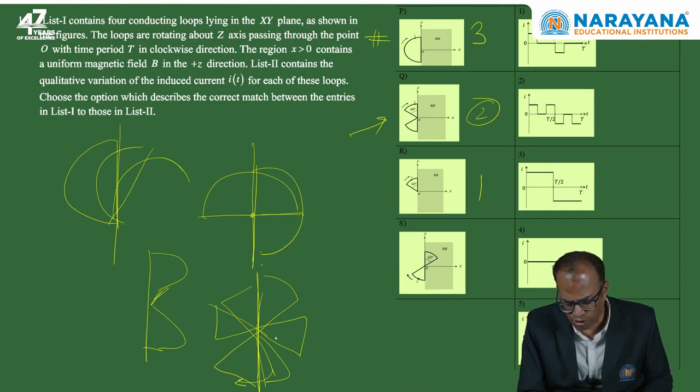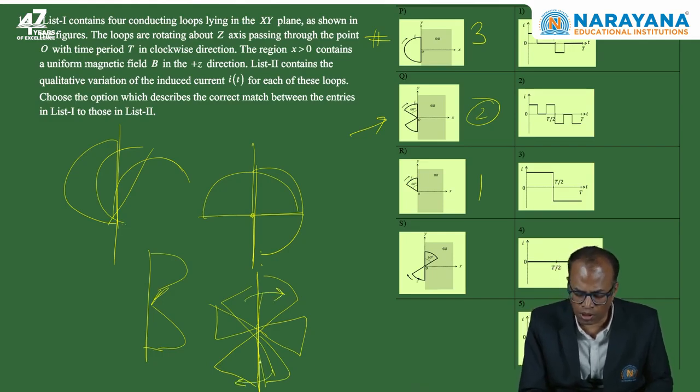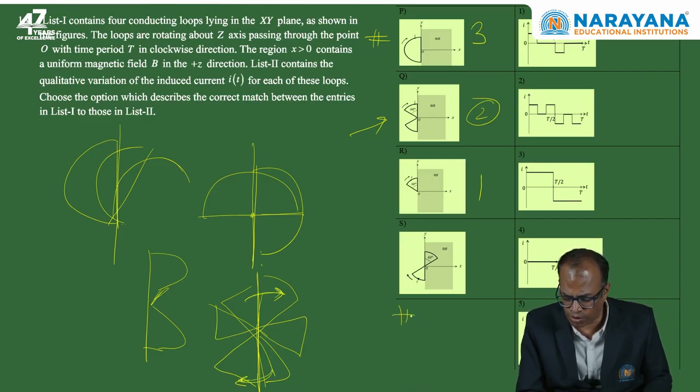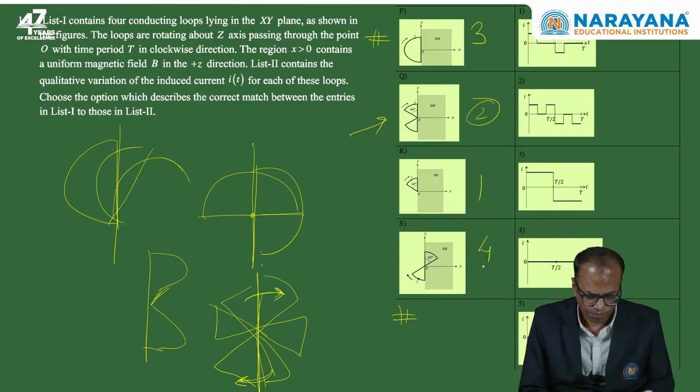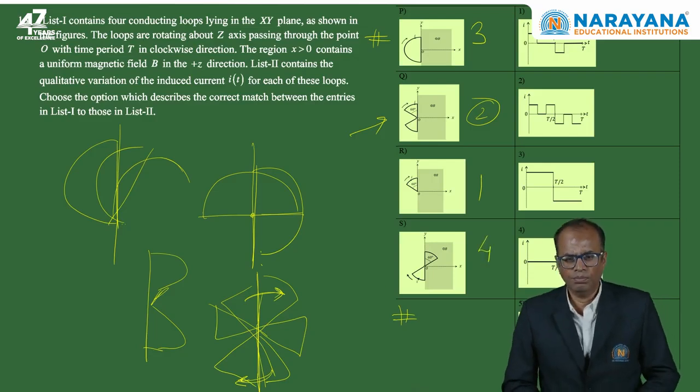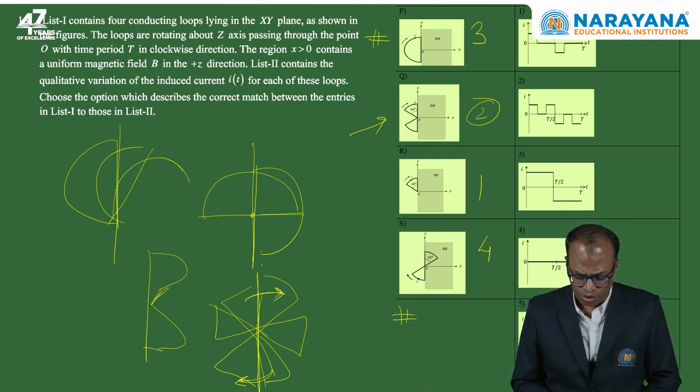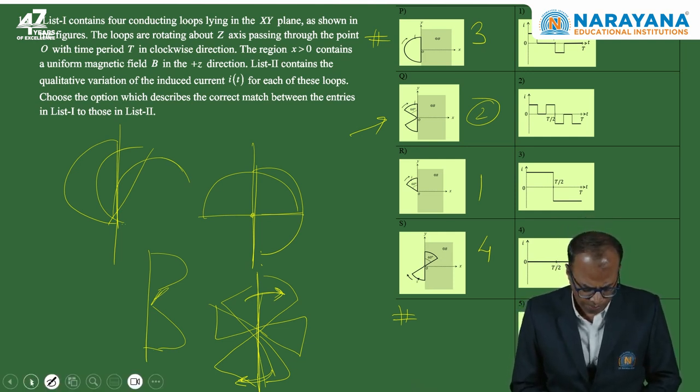Then this portion starts coming out, this portion starts going in. So the decrease in flux is compensated by an equal amount of increase in flux. So there is no change in flux. So it must match with option 4. That was not that tough. Matrix match, we could solve for 3 options and find the answer.